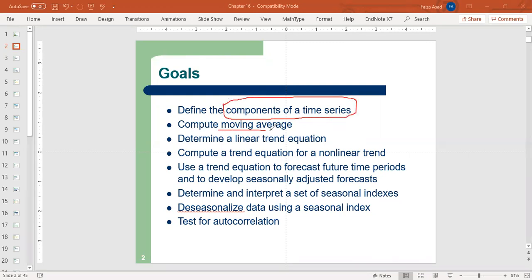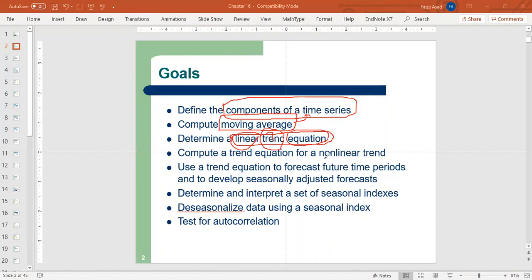Then we will compute the moving average, which helps smooth out the time series data. Then we will determine the linear trend equation. If you remember, in chapter 4 we learned about the linear equation. But now in this chapter, we will see how to determine the linear trend equation.